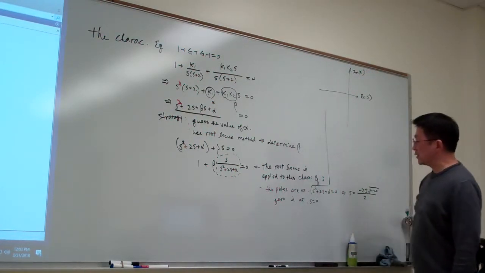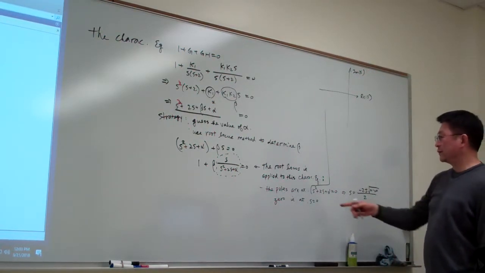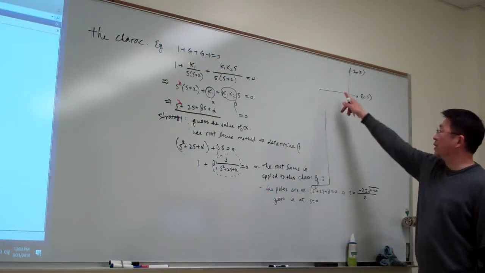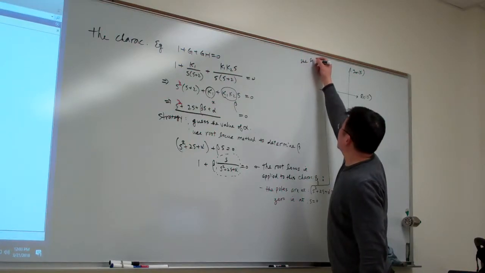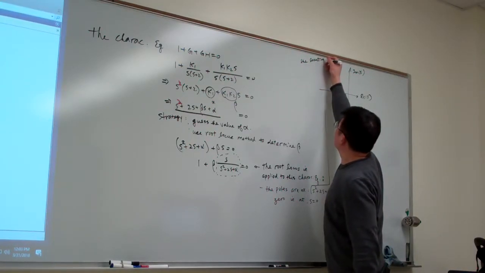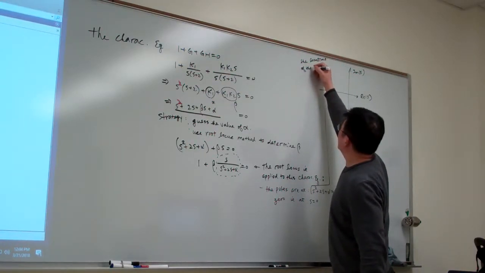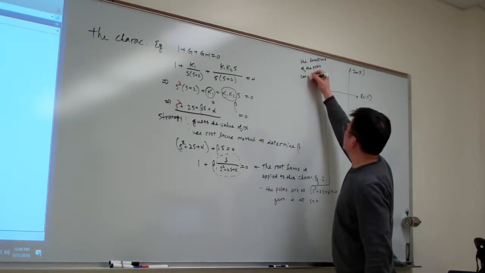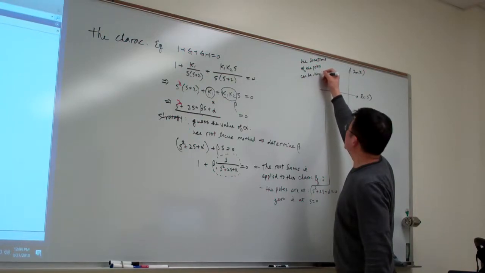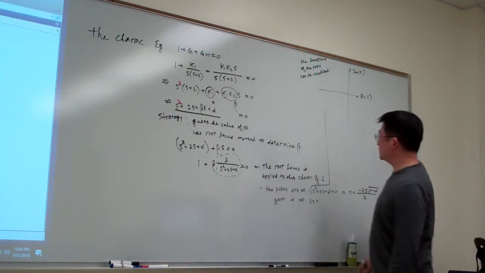We simply try to draw it. The location of the poles can be visualized like this.